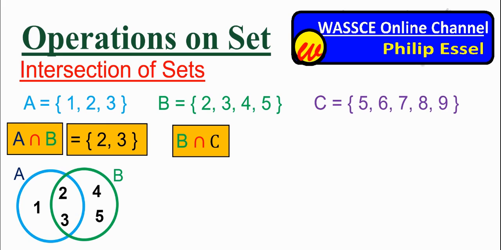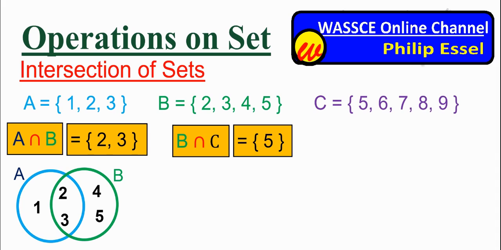When we do this, you'd realize that the element 5 can be found in set B and it can also be found in set C at the same time. It is the only element in B and C at the same time. So that is the answer. So B intersection C is equal to 5 in curly bracket. Remember, just writing 5 without the curly bracket gives you a wrong answer. So write your curly bracket, show it.